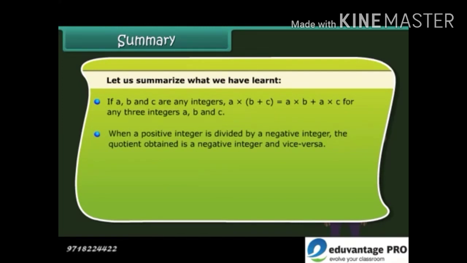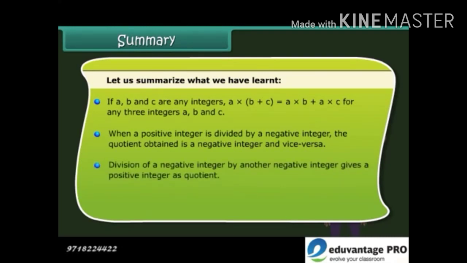When a positive integer is divided by a negative integer, the quotient obtained is a negative integer and vice versa. Division of a negative integer by another negative integer gives a positive integer as quotient. For any integer a, we have a ÷ 0 is not defined, and a ÷ 1 is equal to a.